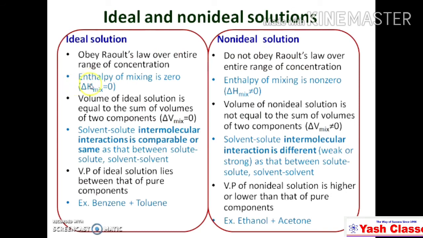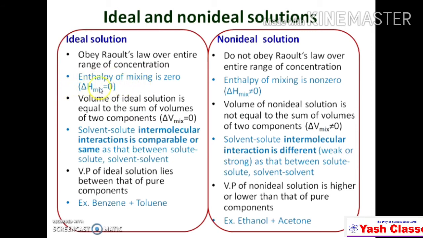Another difference is, in case of ideal solution, enthalpy of mixing is 0, that is delta H mixing is 0. Now what is enthalpy of mixing? When two solutions are mixed, sometimes there is an evolution of heat, or sometimes there is an absorption of heat.